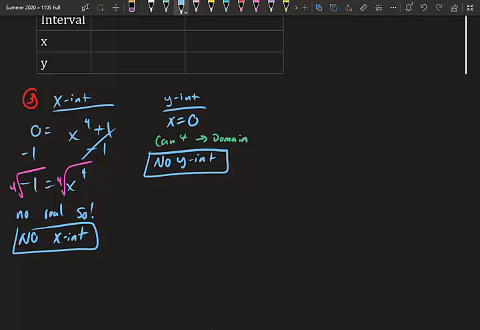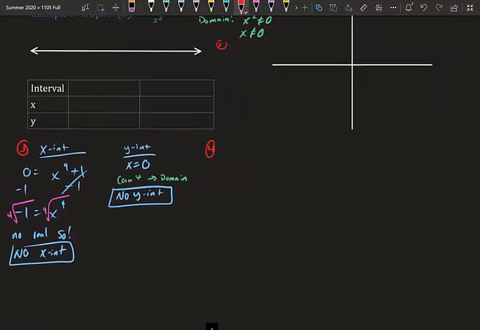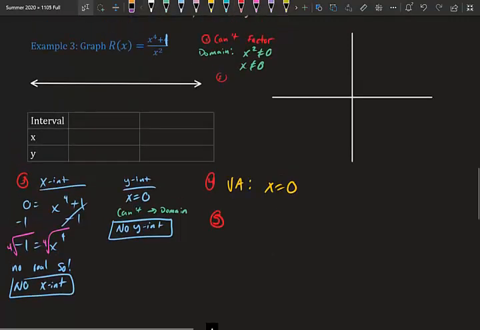All right, so let's just keep chugging along. Our fourth step is our vertical asymptote. So our vertical asymptote, remember, it's just the domain, so x equals 0. All right, and now we move on to our horizontal or oblique asymptote. So let's look at the degree at the top and the bottom. So the degree of the numerator is 4.